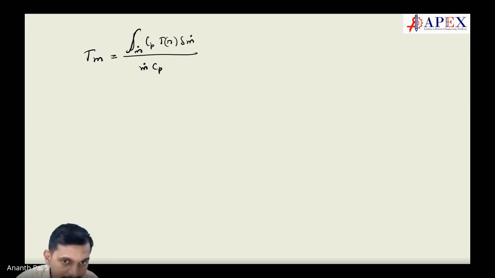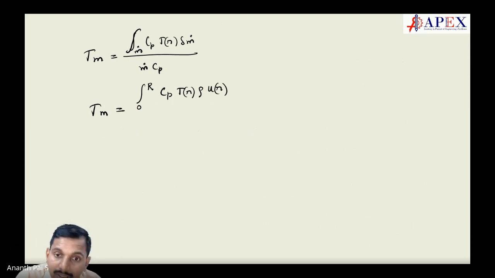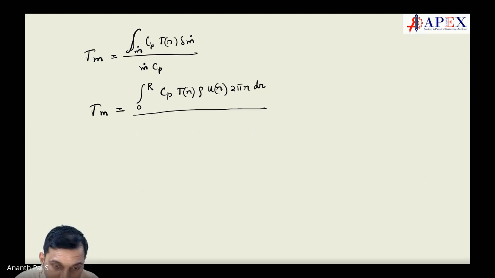Or I can write Tm is equal to integration from 0 to R, for duct flows or circular ducts, of Cp into T of r into rho u of r into 2 pi r dr, divided by m dot, which is rho V average into pi R square into Cp.